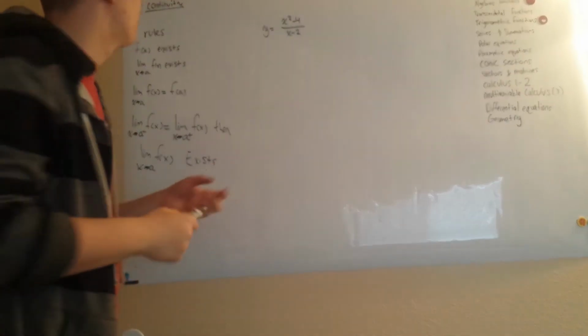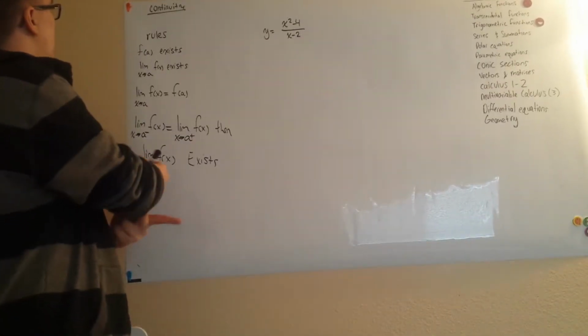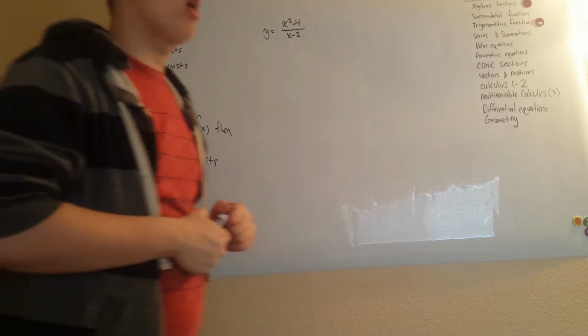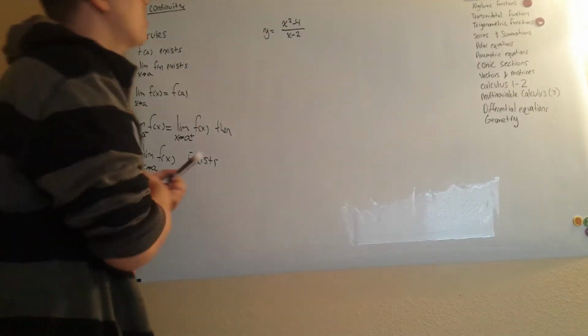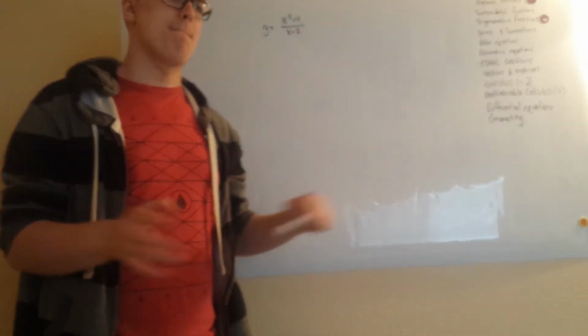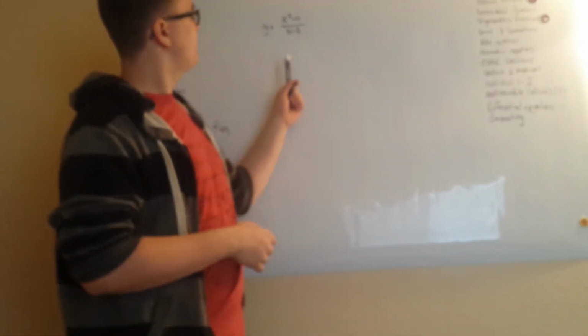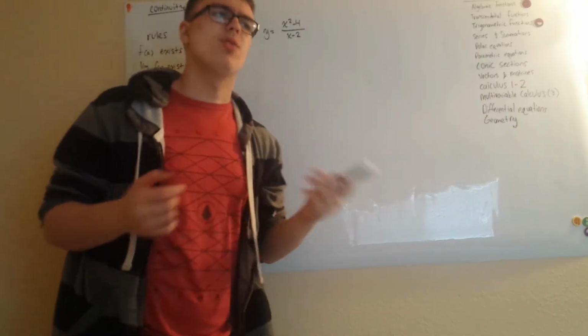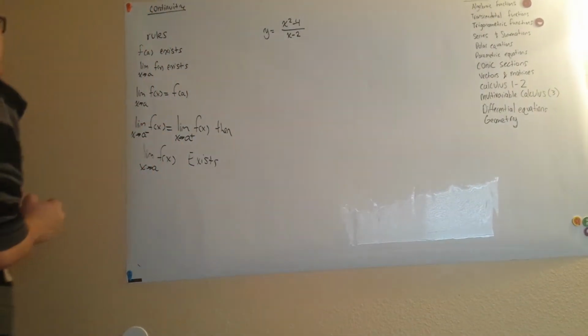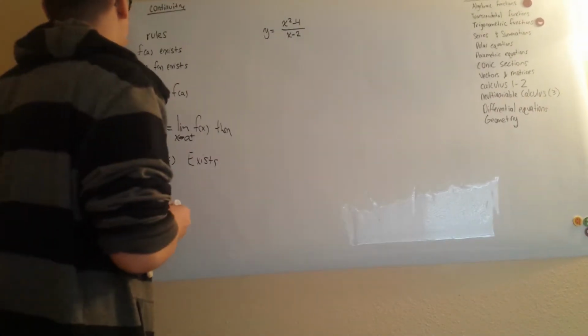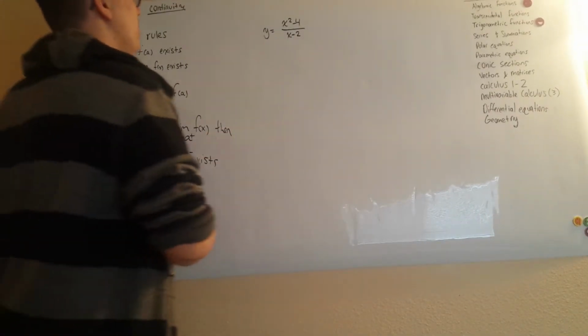Before we look at the graph, is there any problem with it? Is this function continuous everywhere? Well, let's plug in 2. That's the only problem we have. It doesn't exist. It's undefined. But before we do that, what's the limit as x approaches 2?